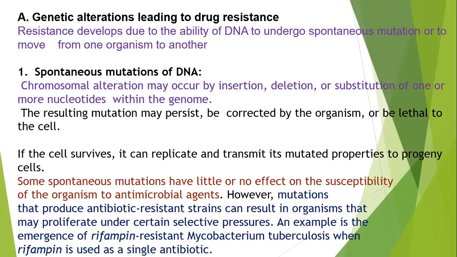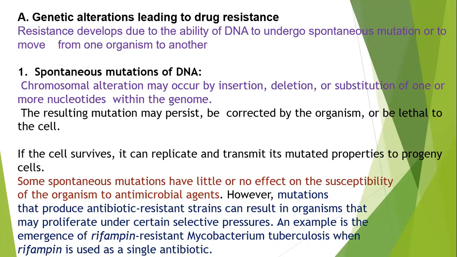يعني what is important of this: how spontaneous mutation occurs in a summary way, chromosomal alteration. What's the result of this? Result of mutation: this mutation could be corrected or could be lethal to the cell. If the cell survives, this mutation can be transmitted to the progeny cell.